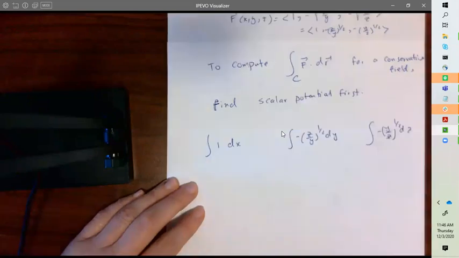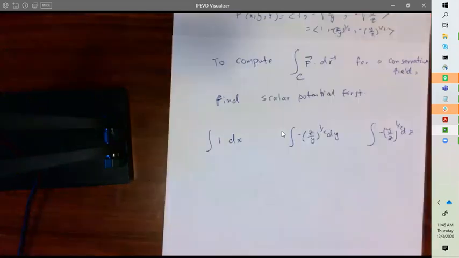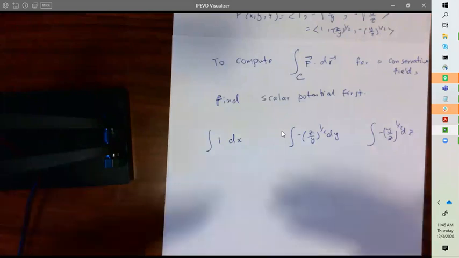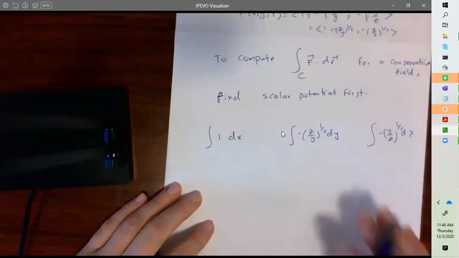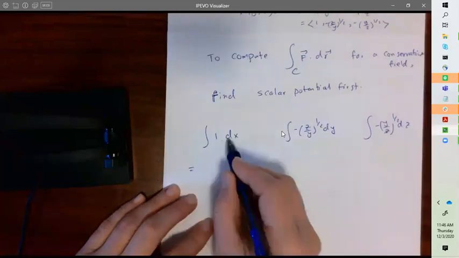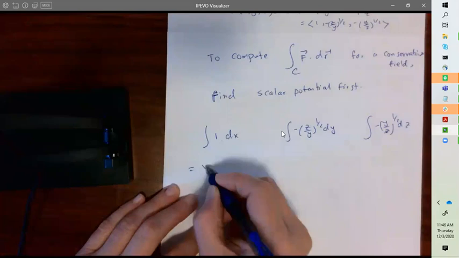And then take the common pieces and then check to see if the uncommon pieces are part of the constants. That's the rule. And the common piece here, the integral of 1 with respect to x is just x.